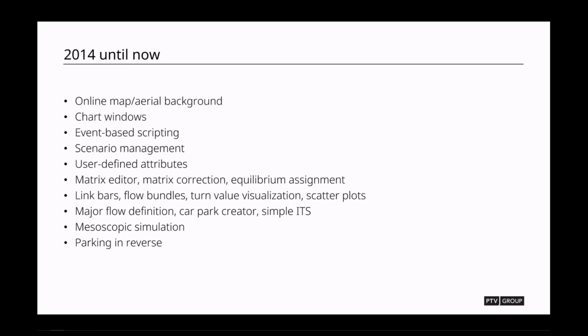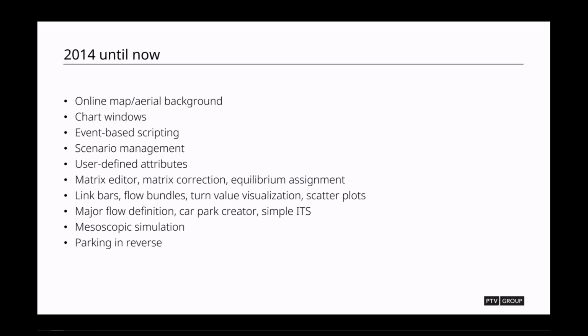Then scenario management, another thing which gets some useful additions in the new version. We added user-defined attributes, also only possible through the re-engineering. And then things like for dynamic assignment, matrix editing and matrix correction, the equilibrium assignment, and visualization, and the new special editor states.